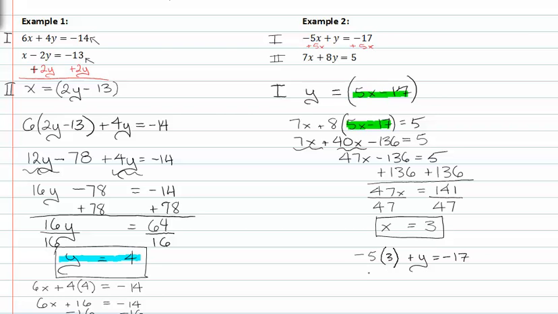From here, I can solve for y. Negative 15 plus y is equal to negative 17. Adding 15 to both sides, I get y is equal to negative 2.